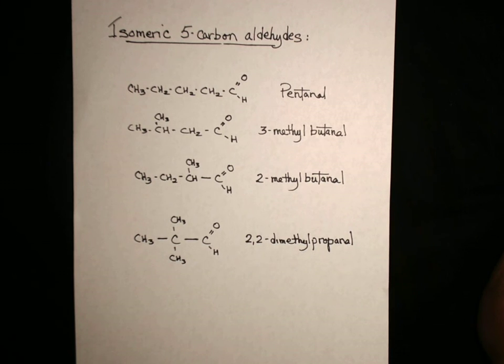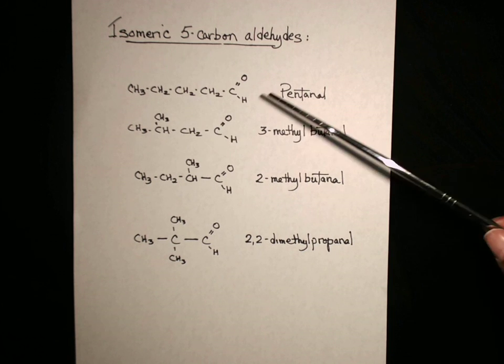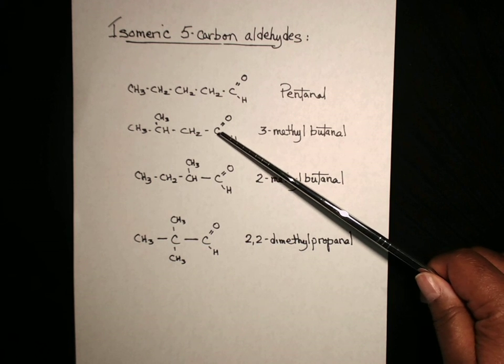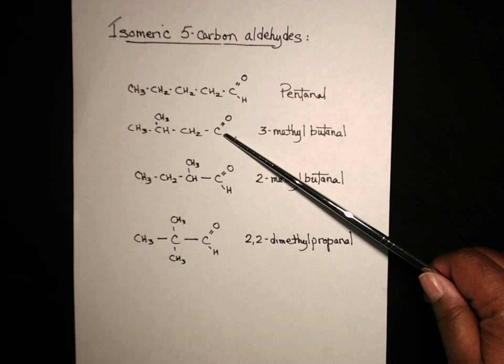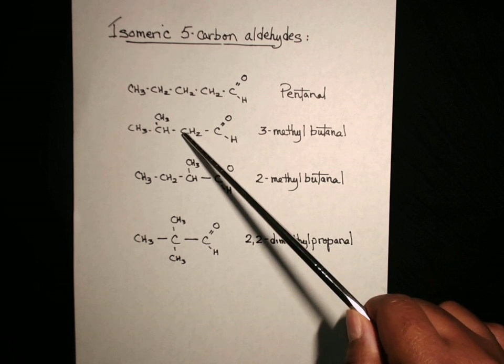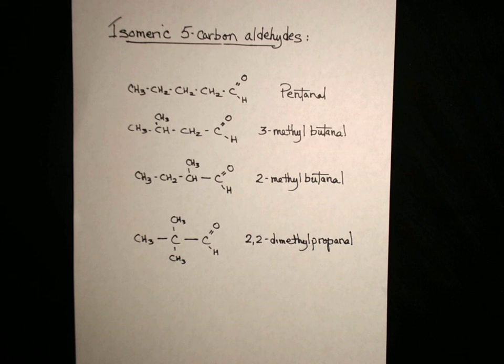But it's butanal with an obvious methyl group. So it's methyl butanal. Now remember what we said earlier, that for aldehydes, the carbonyl carbon is always carbon 1, which means in this case, carbon 1, carbon 2, carbon 3. So we are looking at a 3-methyl butanal.